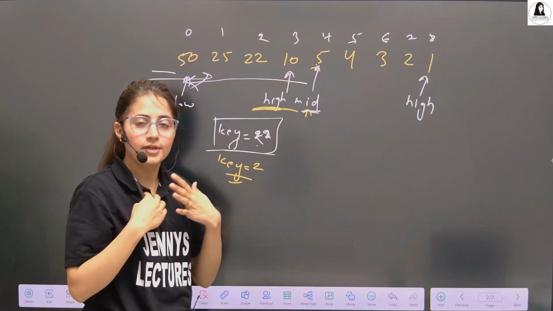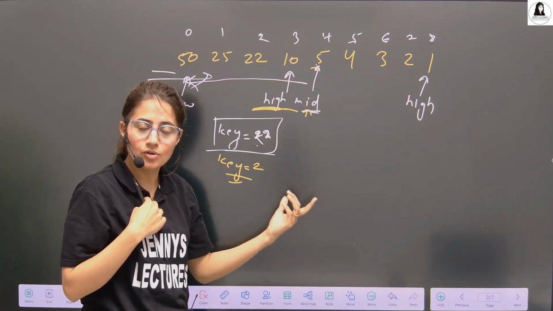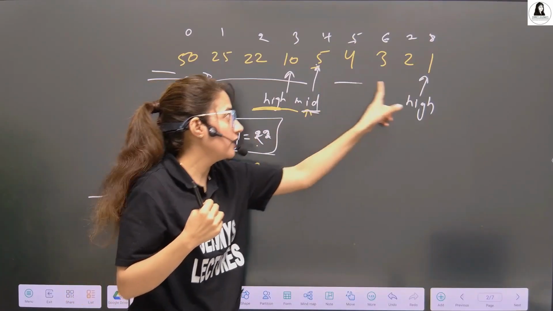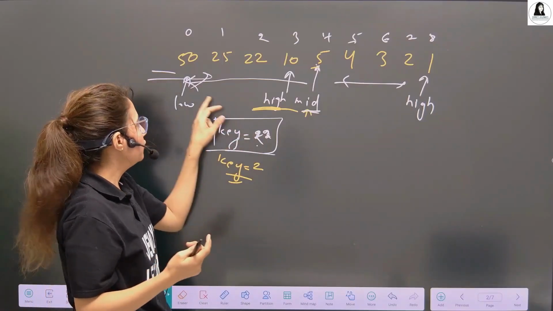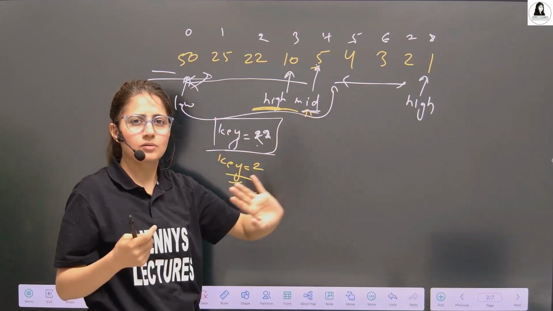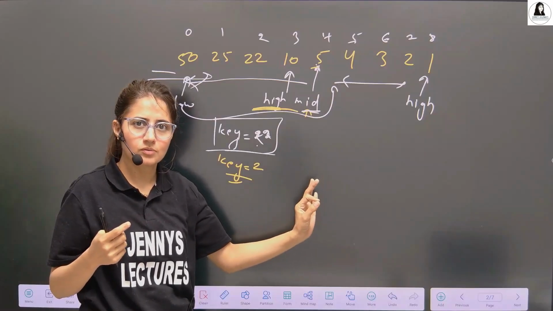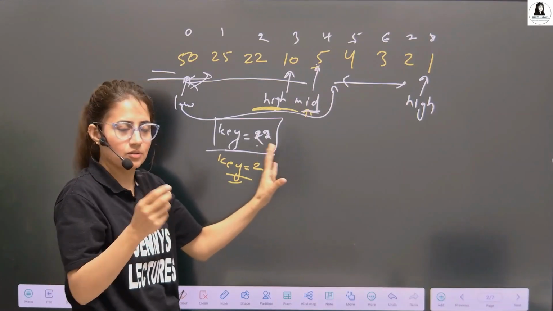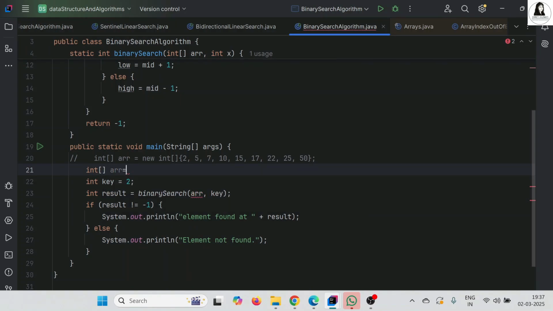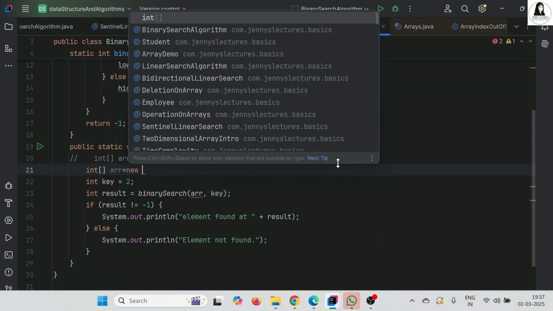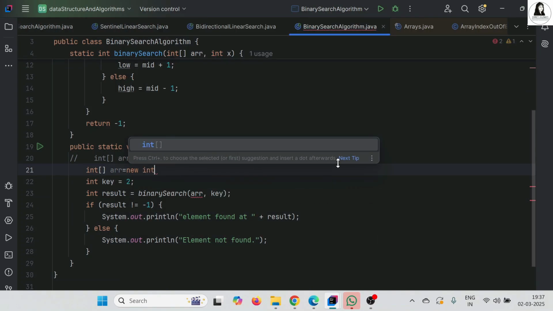We already know in advance that the array is in descending order, so we know that the data would lie in the right half only. In that case, we change low to mid plus 1. A little bit you have to change. Right? Now let me show you this practically. So let's take a new array, and now the array is in descending order.